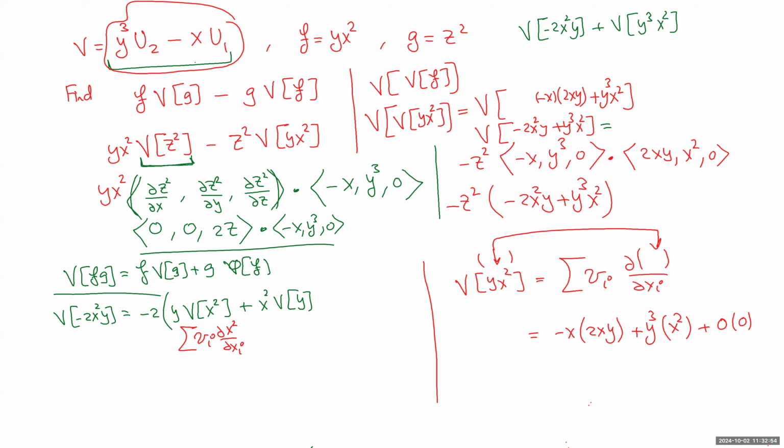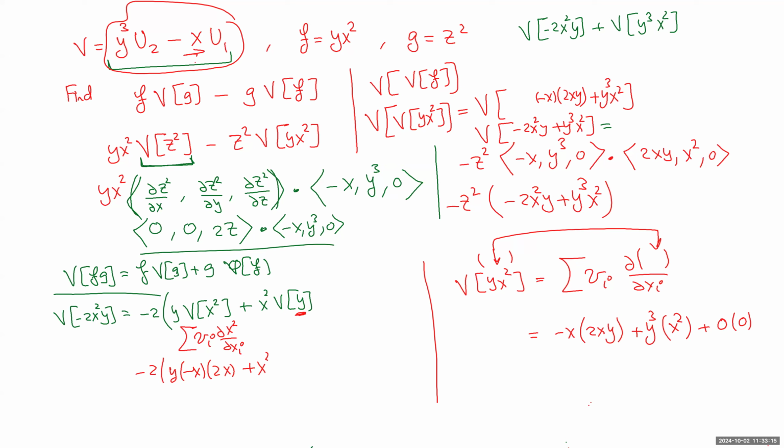But here we can just derive it with respect to x. So the only thing worth looking at is the derivative, which is this thing: negative x times the derivative with respect to x, which is 2x, plus x squared.